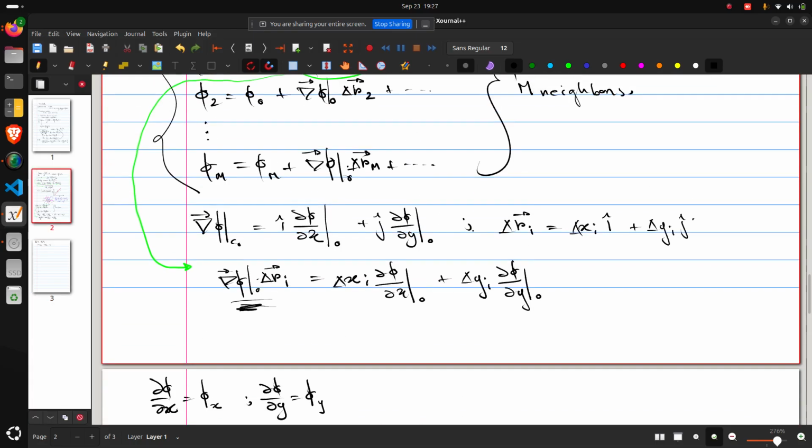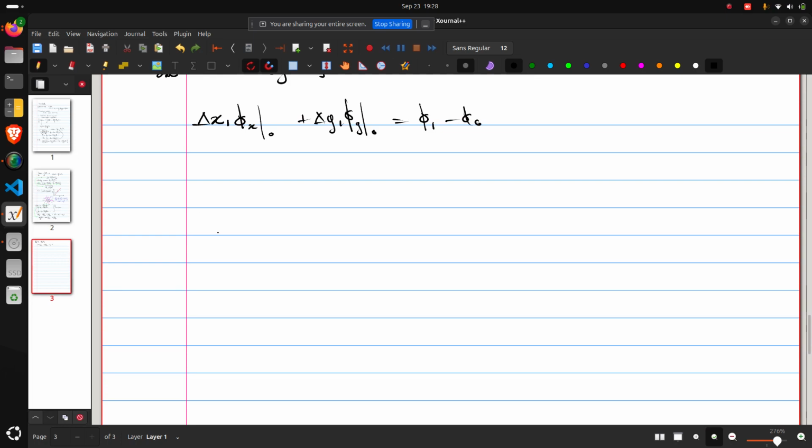Because we have taken the phi naught to this side. Similarly, for all the other m equations, we can write something like this.